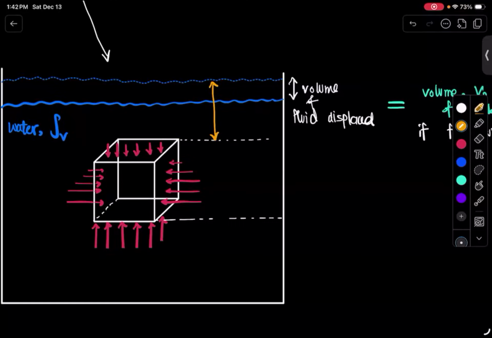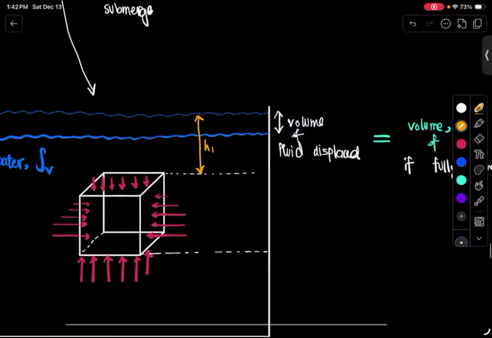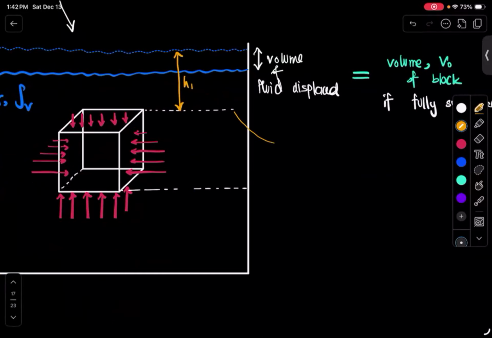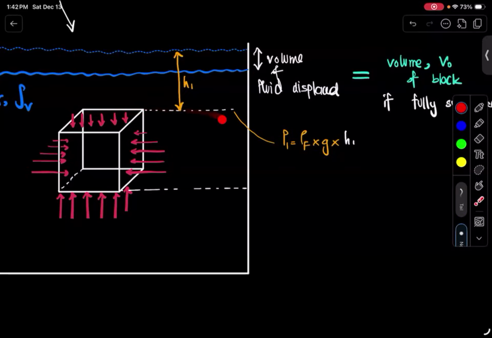If this is the height h1, do you remember what the pressure was at height h1 due to fluid? It was rho, density of the fluid, multiplied by g, multiplied by depth h1, right? So that means at this depth, rho g h1 is going to be the pressure due to the weight of the fluid.